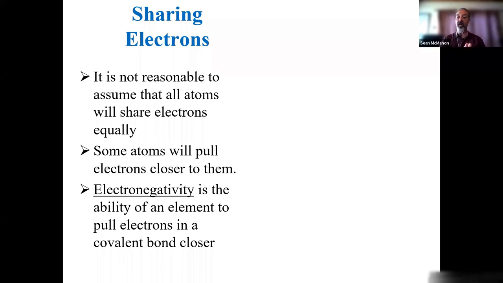Well, here's another periodic trend. In chapter 4, we talked about the periodic trends of atomic radius, the basic size of the atom, based on the number of energy levels and orbitals. We talked about the periodic trend of ionization energy. How hard is it to take away an electron from an atom? Well, as the atom gets bigger and the valence shell is further from the nucleus, it's easier to take that electron away.